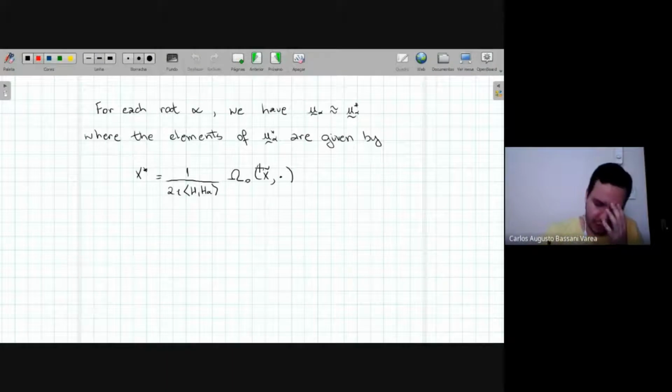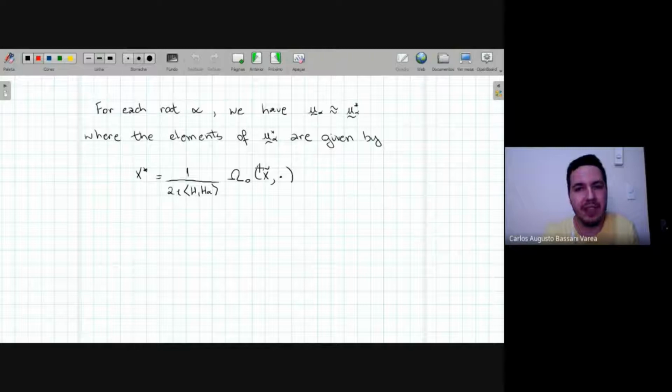Okay? But it's important to notice that we are identifying the tangent space with the cotangent space at the origin by means of the constant Kirillov-Kostant-Souriau form. This omega 0 will be the KKS symplectic form.